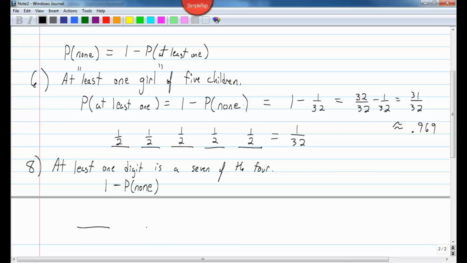Remember, we have 4 choices: 1, 2, 3, 4. It was from 0 to 9 inclusive, meaning including 0 and 9, so that's 10 numbers. The probability that we would get no 7. Let's do the none so that we can say 1 minus the none. Probability of getting a 7 is 1 out of 10. So the probability of not getting a 7 each time would be 9 out of 10.